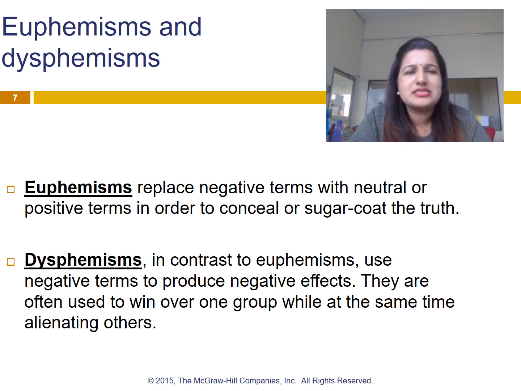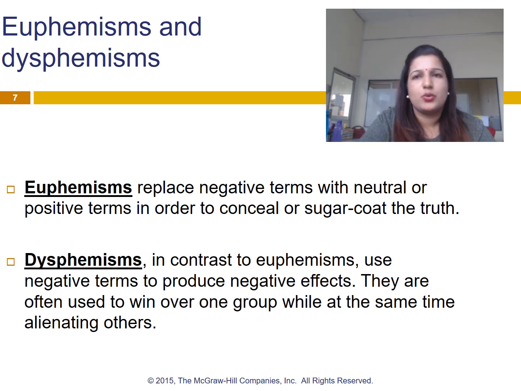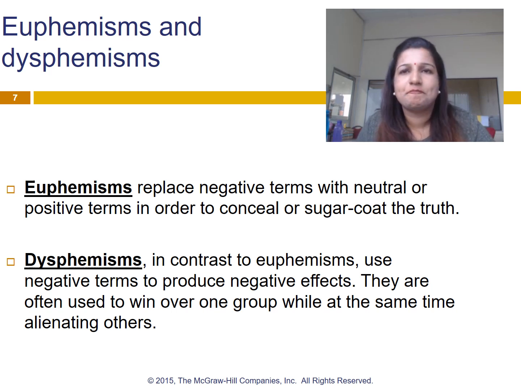But what happens is when you replace old with senior, it sort of gives them a sense of respect, a sense of acknowledgement, rather than old, which is a little bit negative. So euphemism is basically sugarcoating the truth. It's just trying to hide the idea that they're old by saying that they're senior, they're experienced with years. Okay, let's take a look at the second type.